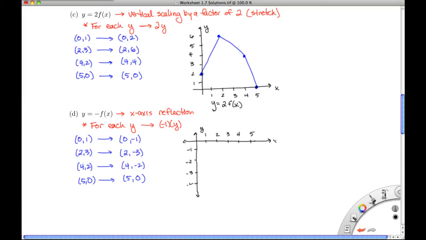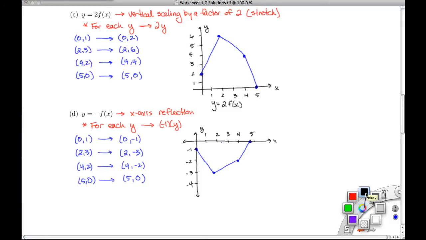I'll put a minus 4 in there for good measure. And we'll plot these points. So we've got x equals 0, y equals negative 1, x equals 2, y equals negative 3, 4, negative 2, and then 5, 0. And we get this as our curve.